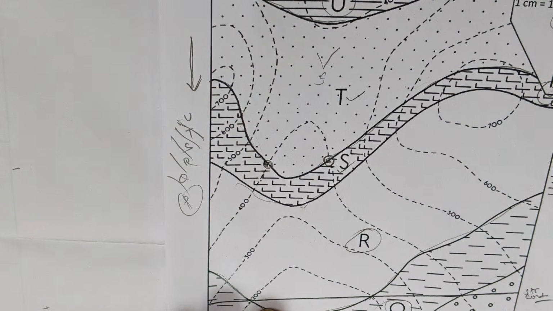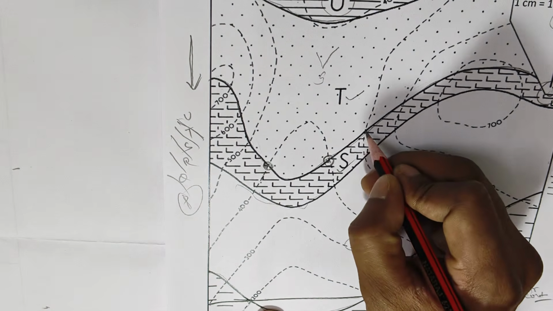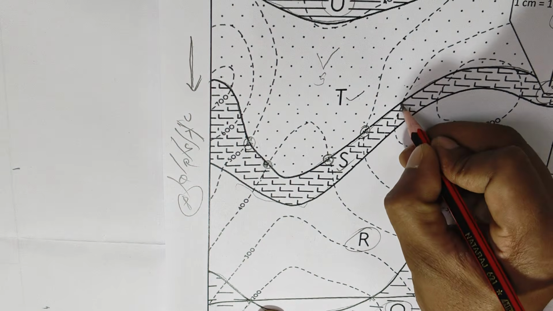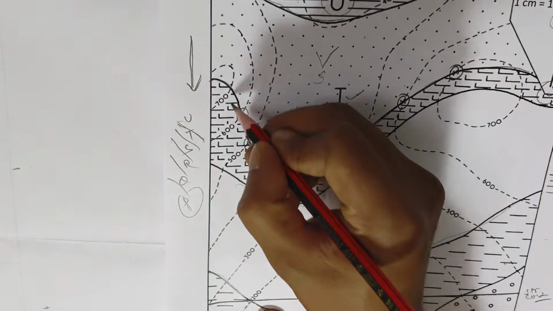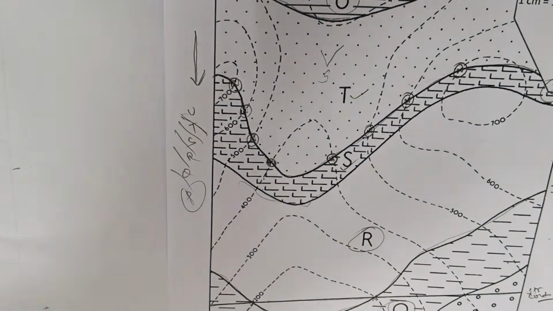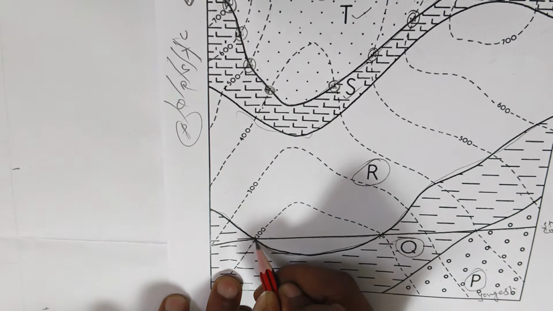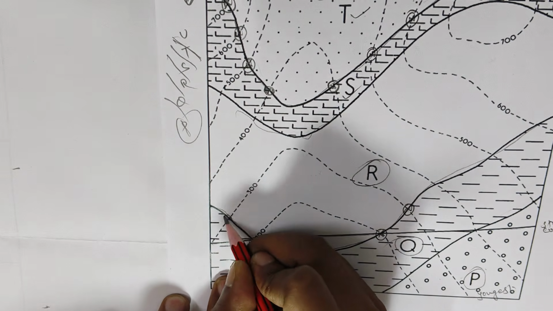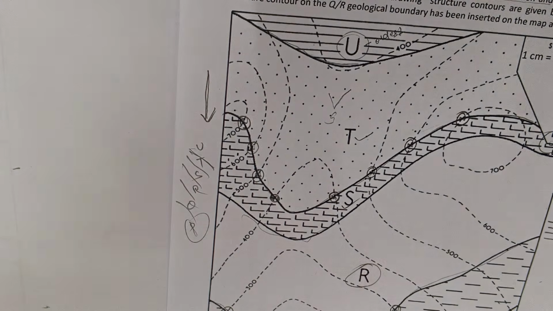A single bedding plane is intersected twice by a single contour line: 400 and 400, again 500 and 500, again 600 and 600, 700 and 700, but a minimum of 2 is required. Like that here also 200, 200, 300, 300. So let's draw a line connecting these 2 points.